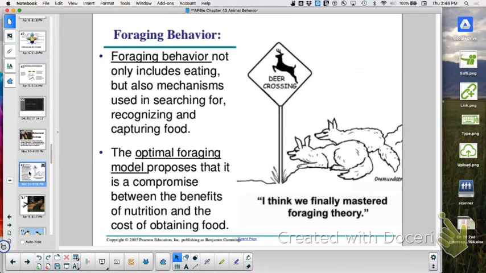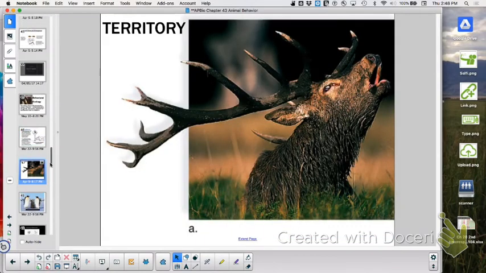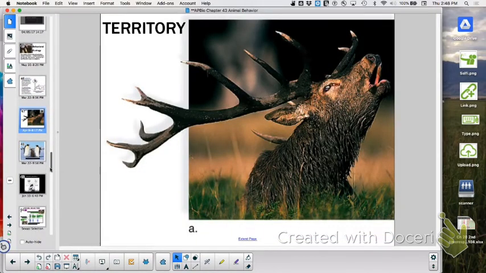So it's knowing where to hunt and what to hunt, and how to get your food, whether it's live prey or plant material, whatever. So that would be foraging behavior. We talked about, and this part was a little bit of a review, territoriality, marking. That's another form of behavior that is selected for where it is advantageous.